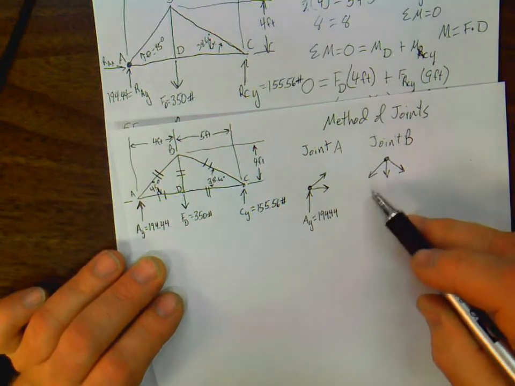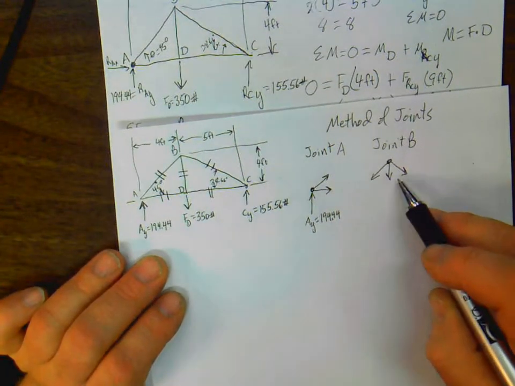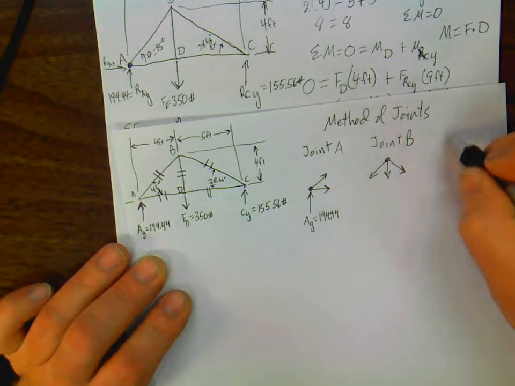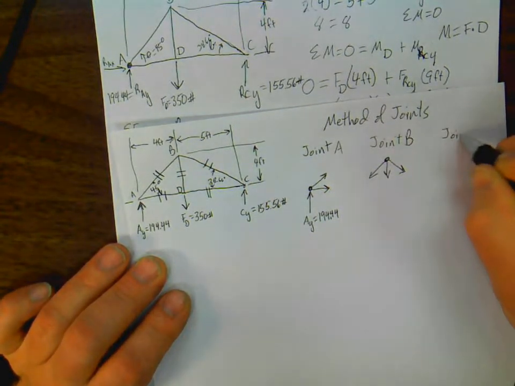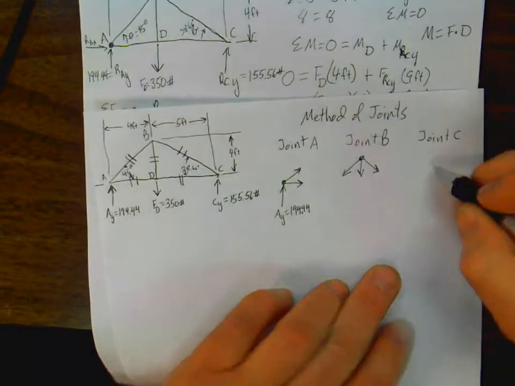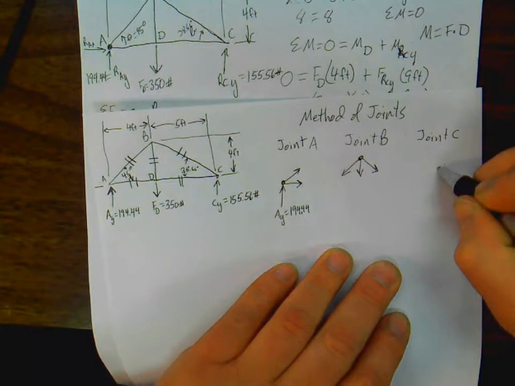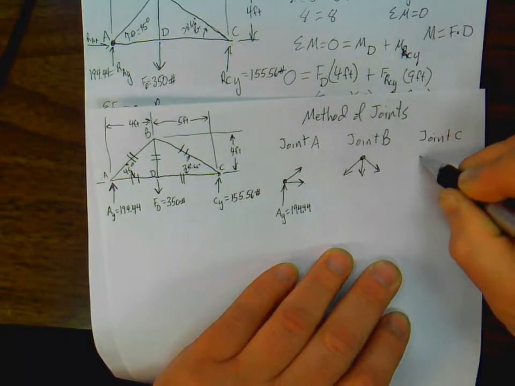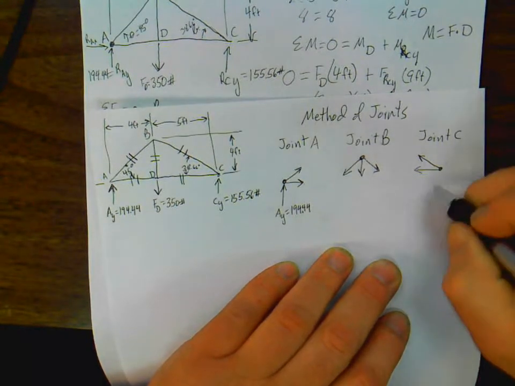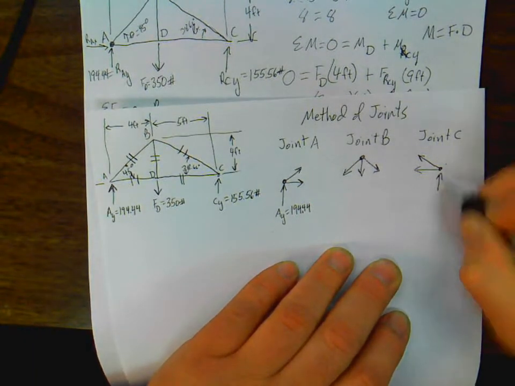Let's go on to joint C. And we'll draw the joint C. So we've got joint C here. We've got this vector going this way. We've got this one going this way. And of course we've got CY here, which is 155.56 pounds.